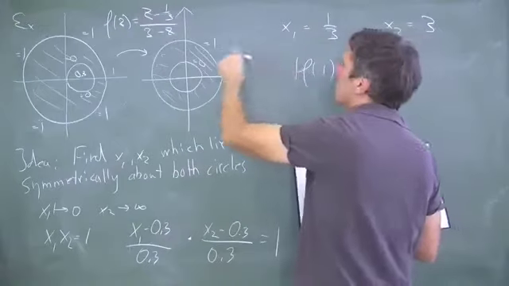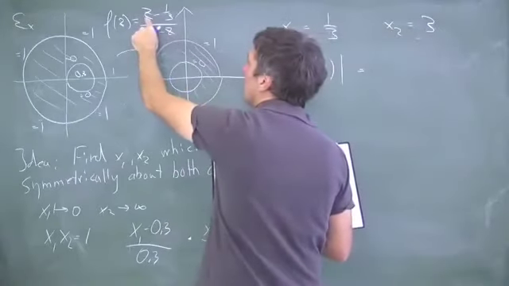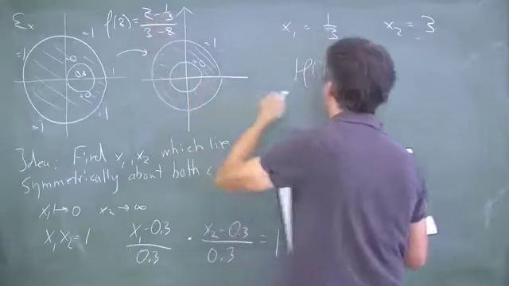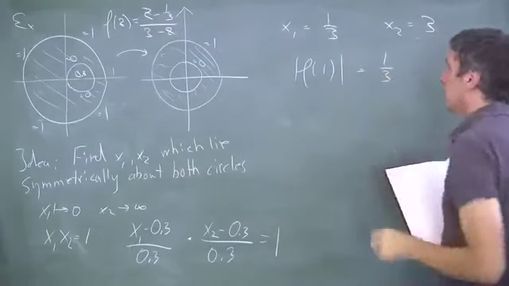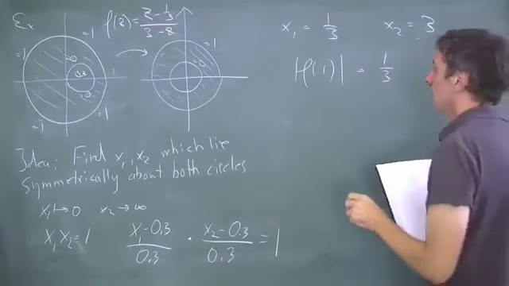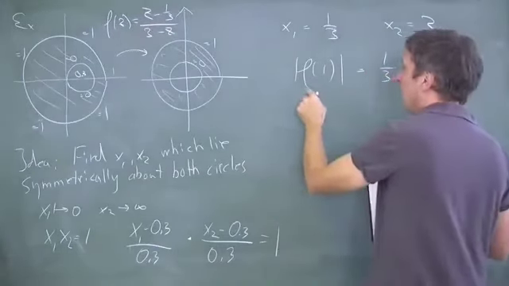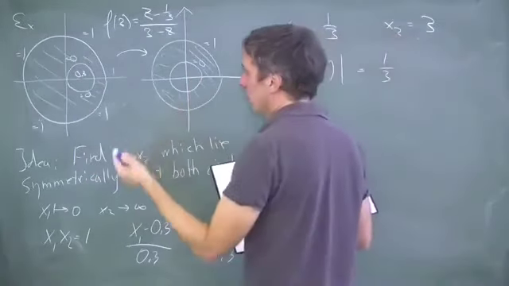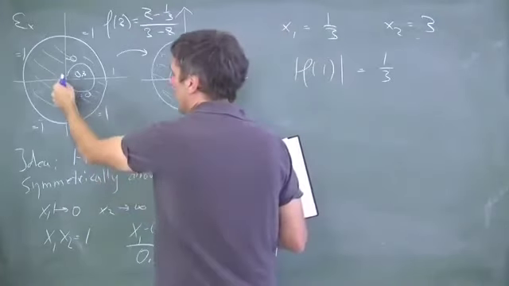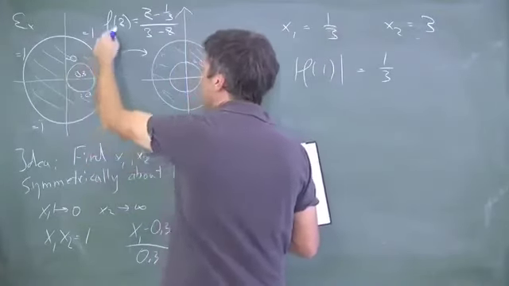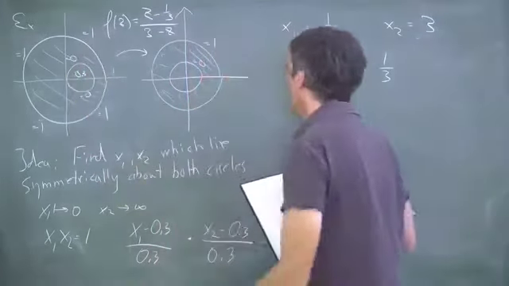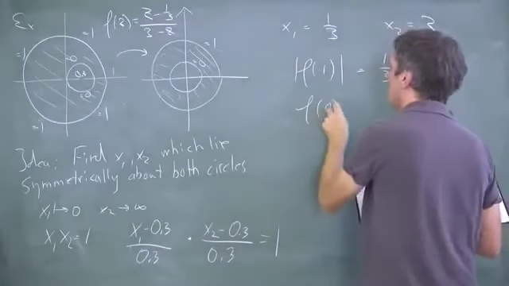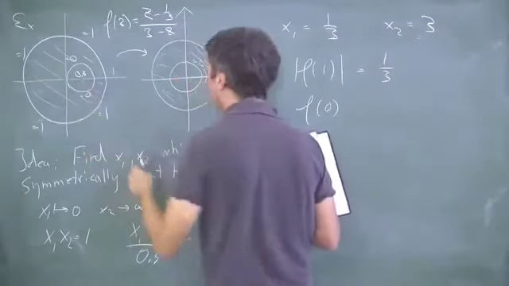If you insert 1 here, you get 2/3 divided by 2, so this will be 1/3. And for the smaller circle, you can do the same thing. You just take any point on this circle, map it by f, and measure the distance to the origin. So let's take f of 0, because that's a point on this circle.